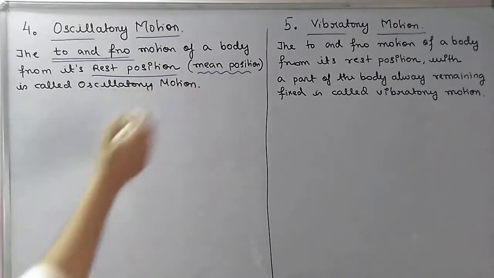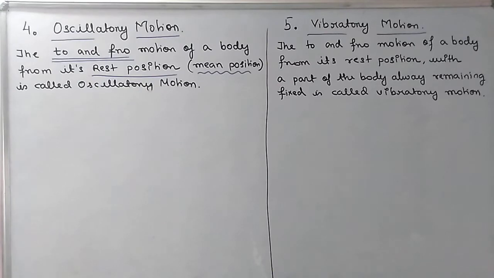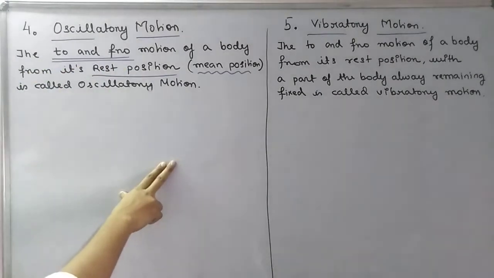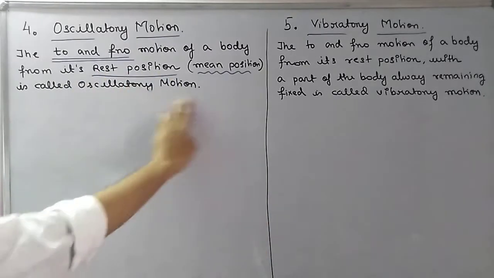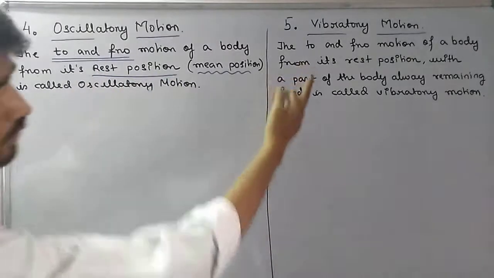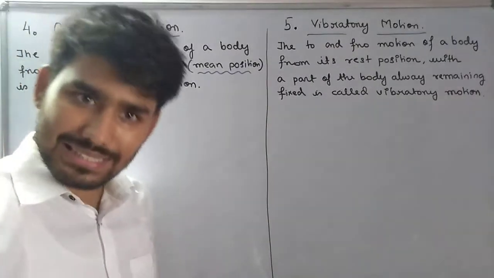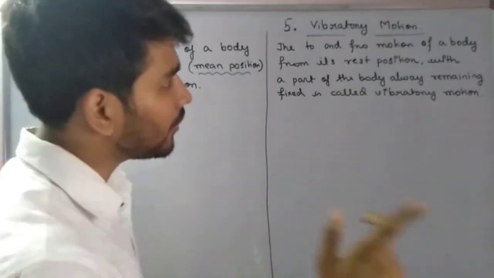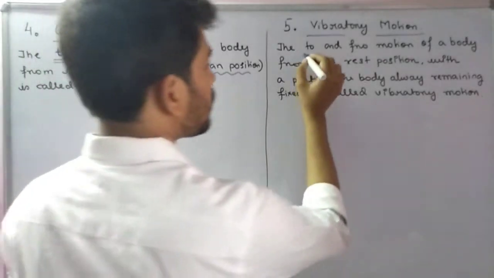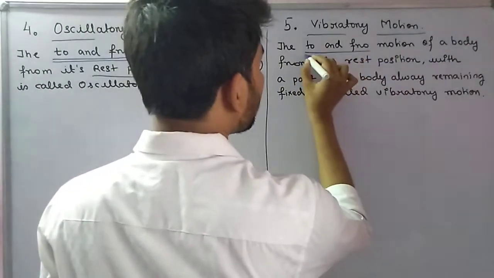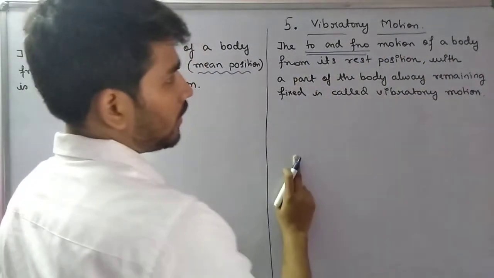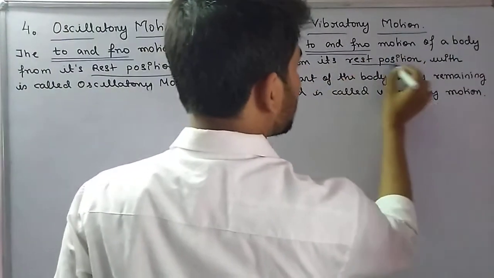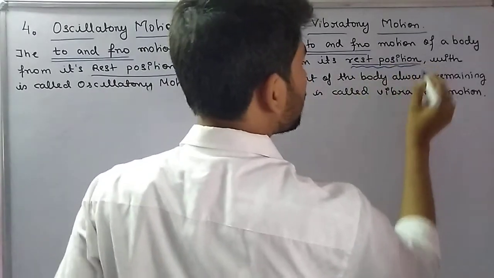The to and fro motion of a body from its rest position is called oscillatory motion. Now let's look over here. What is there in the definition of vibratory motion? Over here also we have the to and fro motion of a body from its rest position. Again we have the same term.